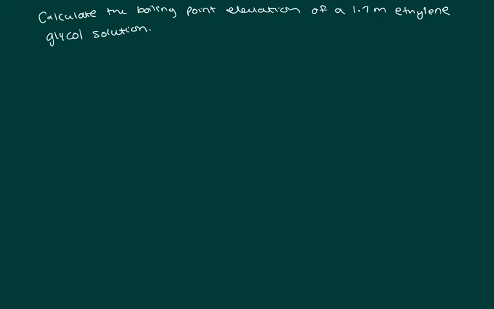Okay, so let's go ahead and do this problem. This time we have a new equation, a similar idea, but we'll do delta T of B, which is the change in temperature of the boiling point here. It's our molality times our Kb constant. The Kb constant is what?